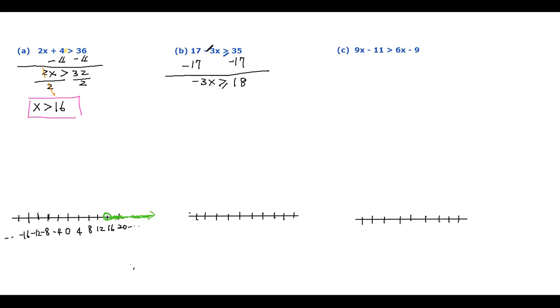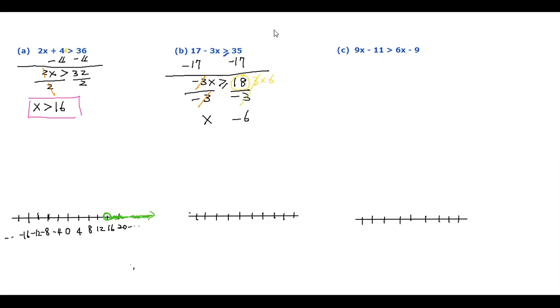I'm solving for x. So what do I need to do here? Divide by negative 3. So negative 3 cancels, you will have x here. And negative 18 divided by negative 3, what do we have? It is negative 6, right? Because 18 is 3 times 6. So 3 and 3 cancel, you got a negative 6.